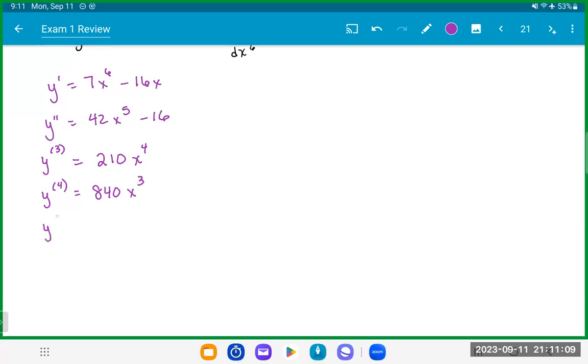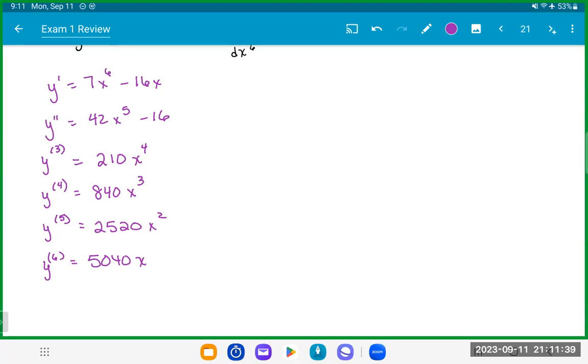My fifth derivative is 3 times 840, that's 2520, x squared. And finally, my sixth derivative, 2520 times 2 is 5040, x. And so the sixth derivative of x to the 7 minus 8x squared plus 2 is 5040x.